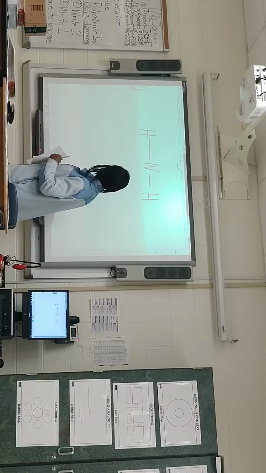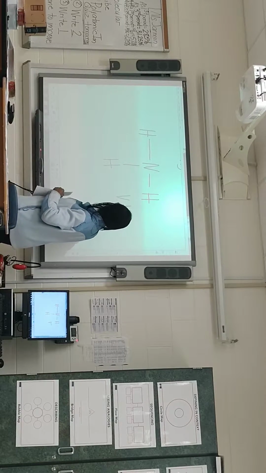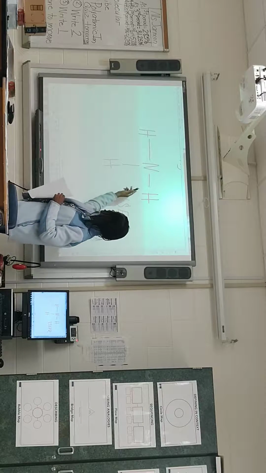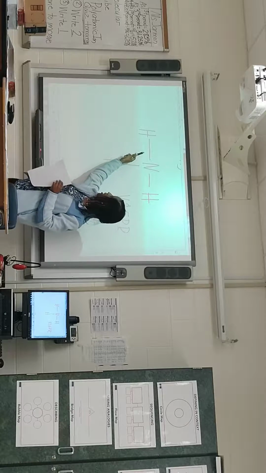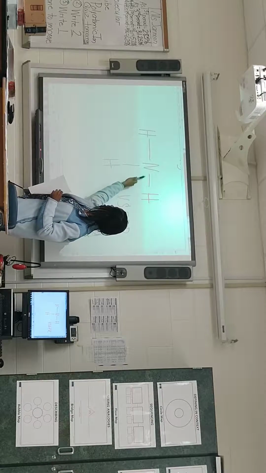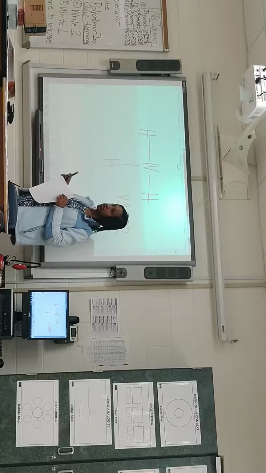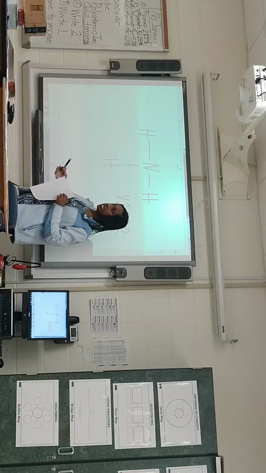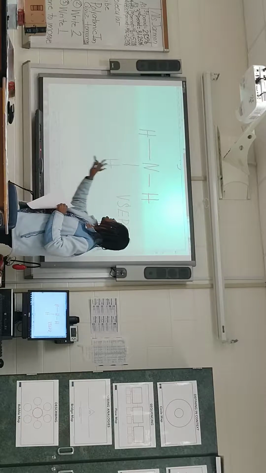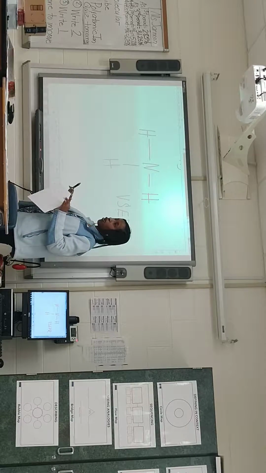Because of the VSEPR theory. Step number 2 is the drawing. You draw bonds to connect your elements within your formula. Since our formula is NH3, that means I have 3 hydrogens attached to my nitrogen. So why did I draw it so far apart?